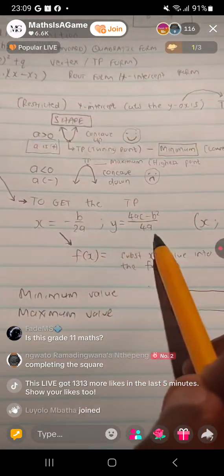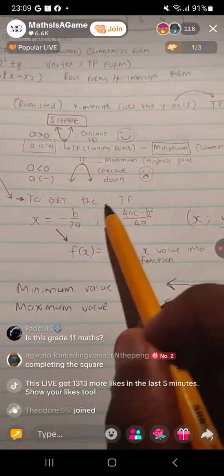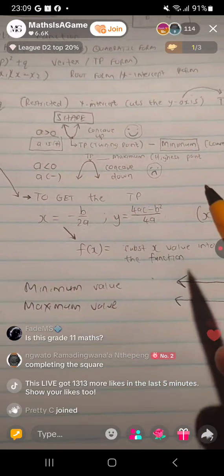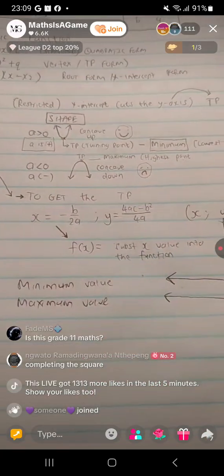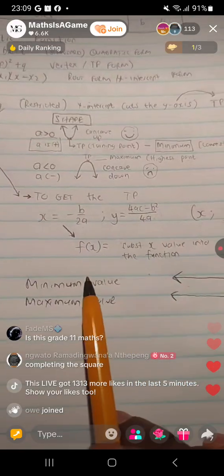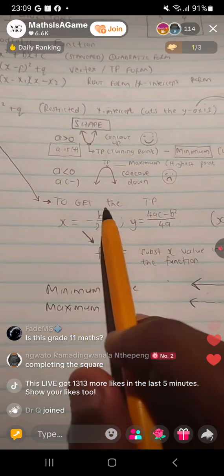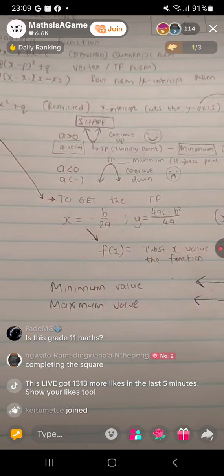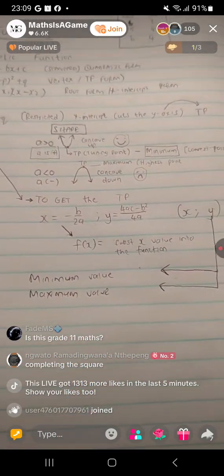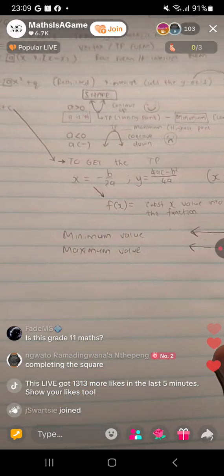But the actual minimum or maximum is this y value. We must understand that the actual y value is this one, which gives you the minimum or the maximum. But the x value which gives you those is this one. Okay, all right, so I hope we are good there.